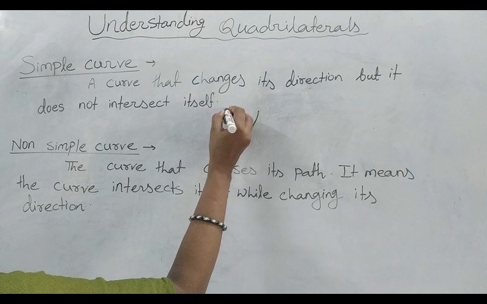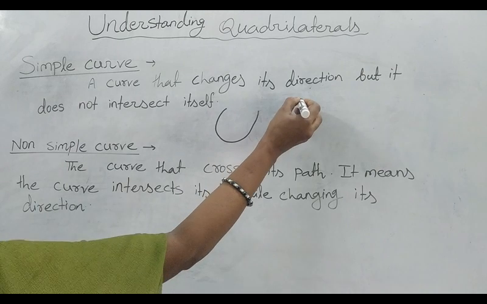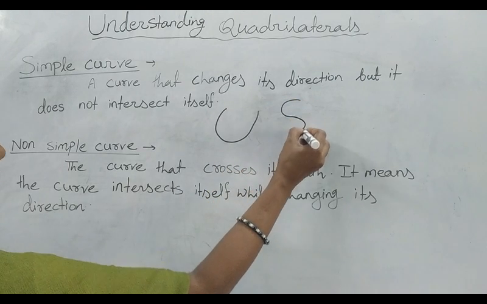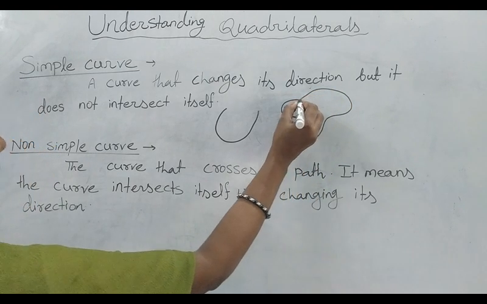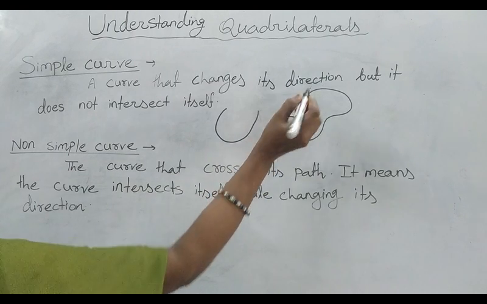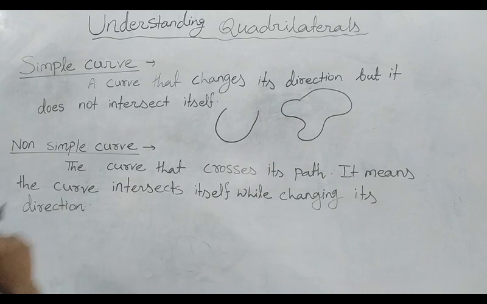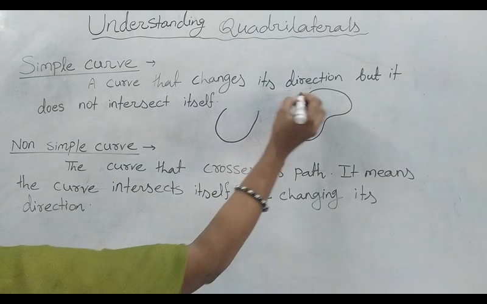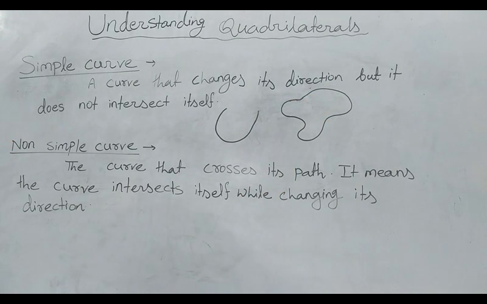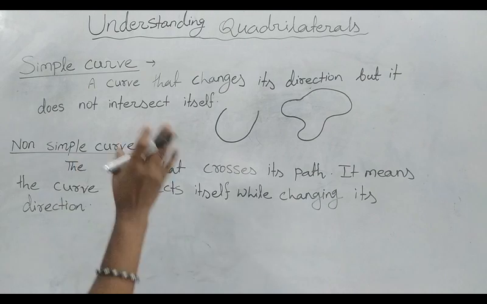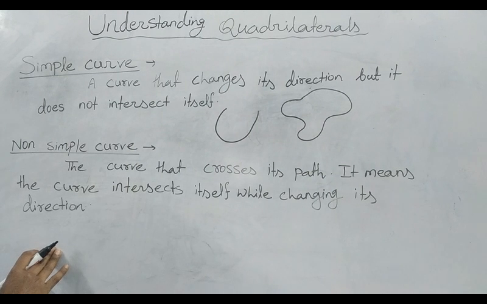Then we say that this curve is a simple curve. Or suppose that we draw a curve like this and finish at the same point, but do not cross itself anywhere. In that case, this curve is also a simple curve. So a simple curve may be open or may be closed.